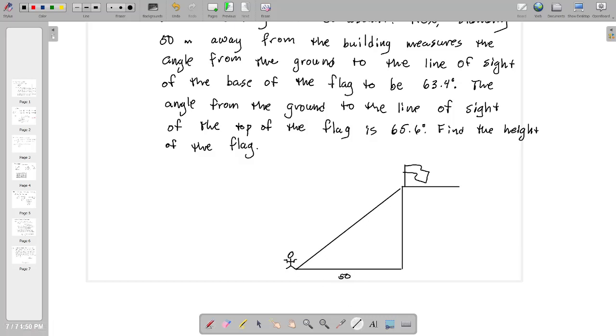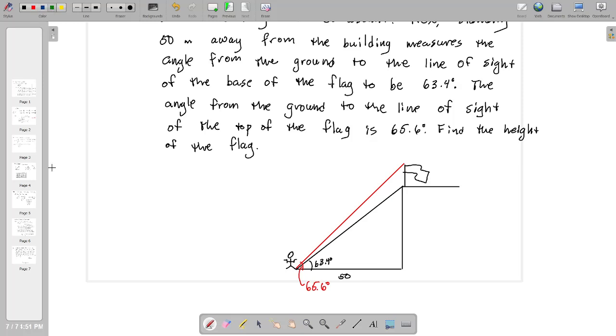And he measures the angle to the base of the flag to be 63.4 degrees. He also measures this angle to be 65 degrees, 65.6 to be exact. We need to figure out the height of this flag.